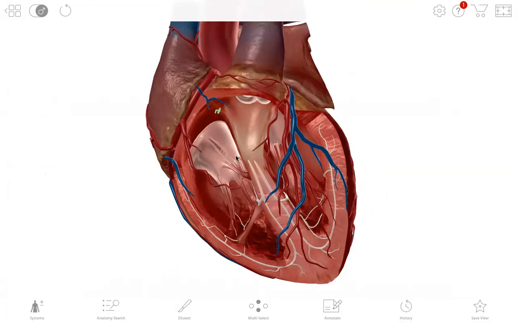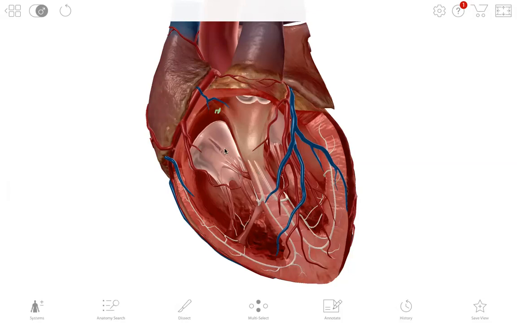It consists of several borders and surfaces, and also of chambers. We have 4 chambers, 2 atria and 2 ventricles, and we have a septum in between, which is called the interatrial septum above and the interventricular septum below.